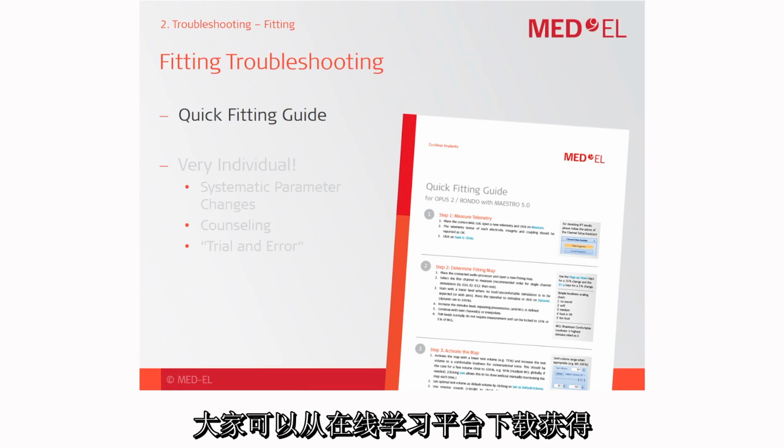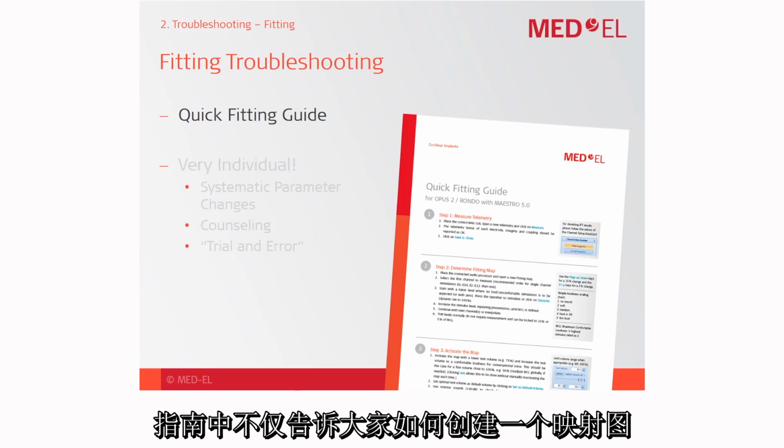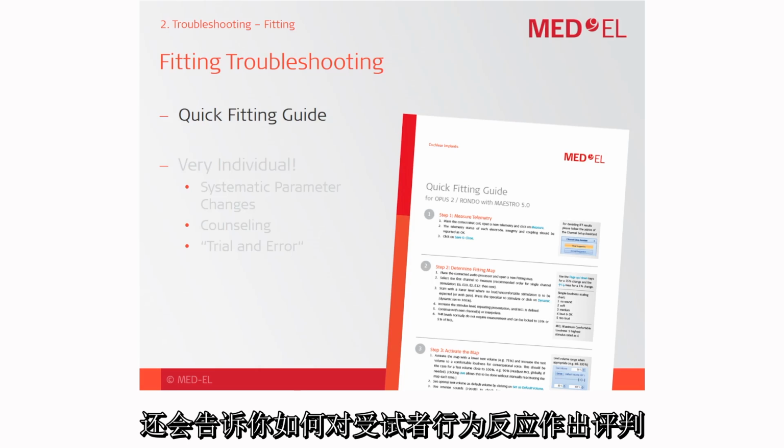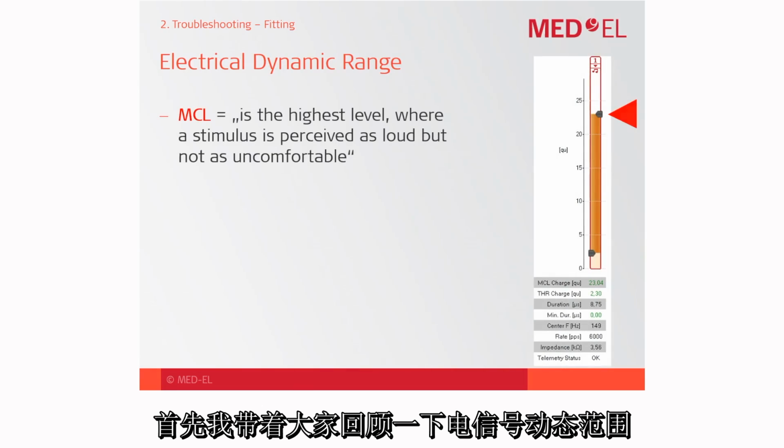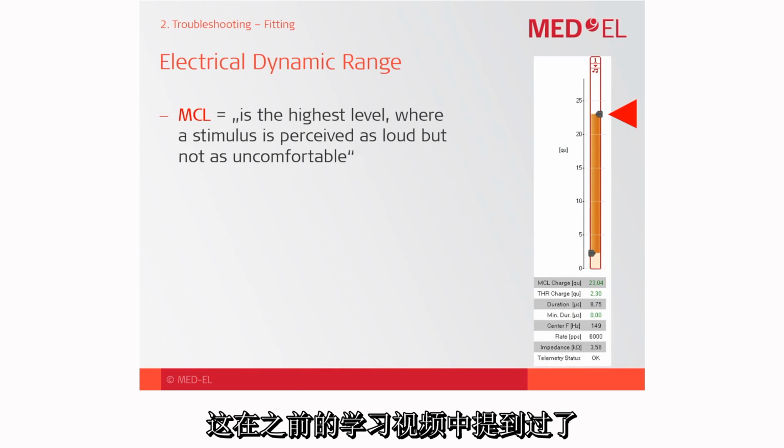This will be available as a download on this e-learning platform as well. The quick guide provides you with very basic suggestions to create a fitting map and how behavioral responses could be assessed. But first of all, I would like to give you a quick review of our electric dynamic range, which was possibly also addressed in a previous video session.